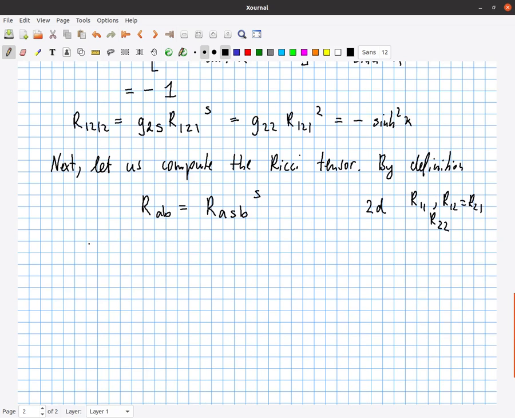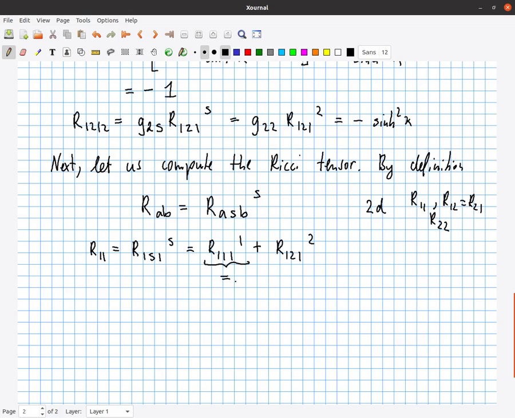Let us begin with the R11 component. You put in explicit values here for A and B, 1s, 1s. S can take values 1 and 2. So if I do this nice and slow, it is 1, 1, 1, 1, plus 1, 2, 1, 2.